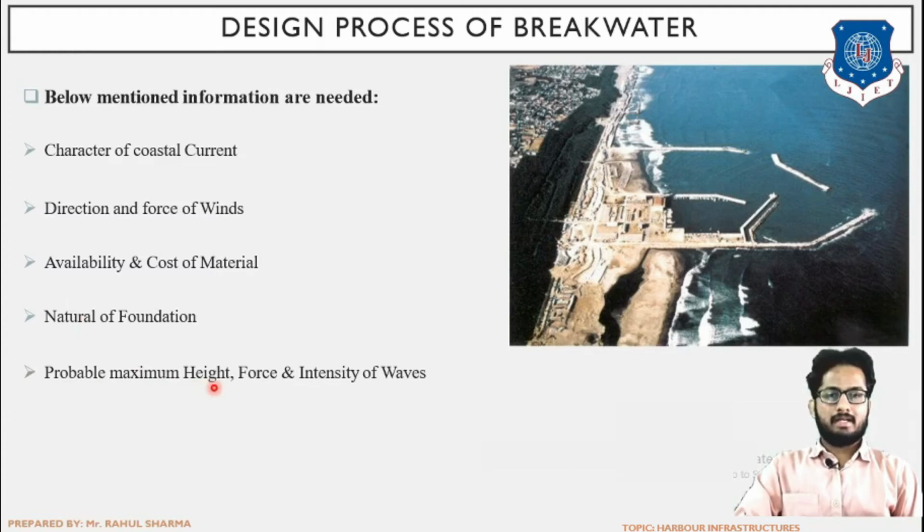Probable maximum height of waves at that specific location, because we need to design the height of the breakwater as per the maximum height of waves, as we have seen in the previous slides, and what is the force and intensity of waves. This point we are already aware of.